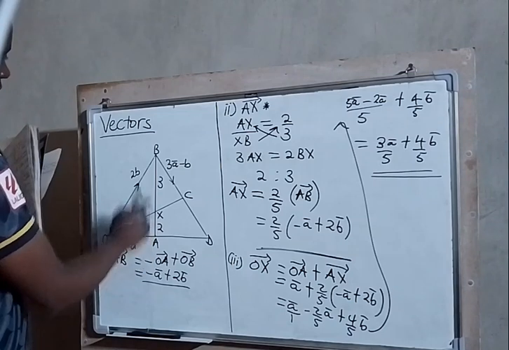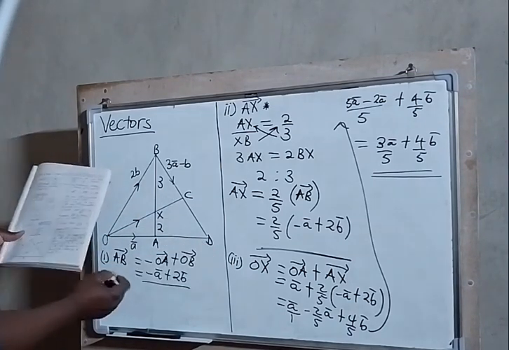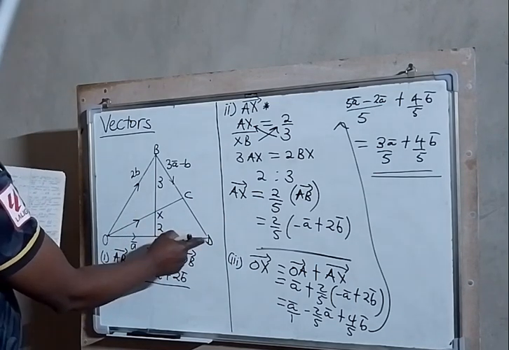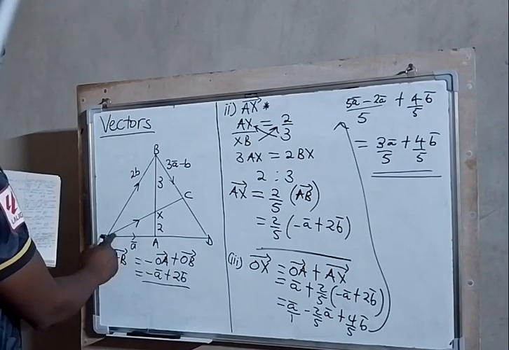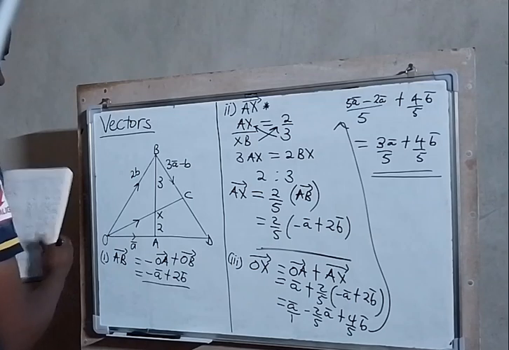OA and BC are produced to meet at D. This is D. Now, it is given that BD over BC is equal to K.